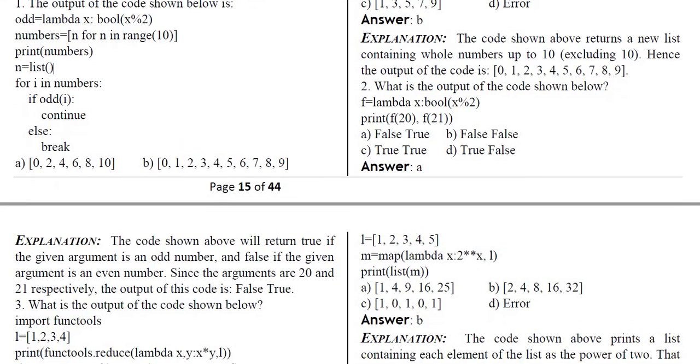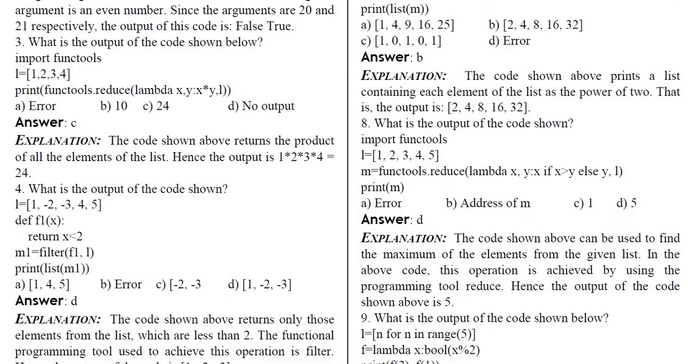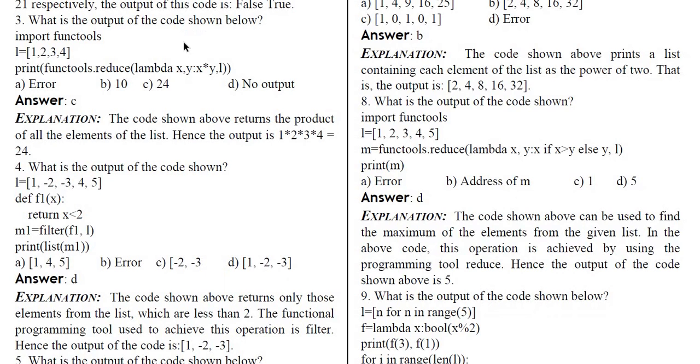Next example we will see. What is the output of the code shown below? It's just import functools. Now here list l = [1, 2, 3, 4], print functools.reduce(lambda x, y: x * y, l).